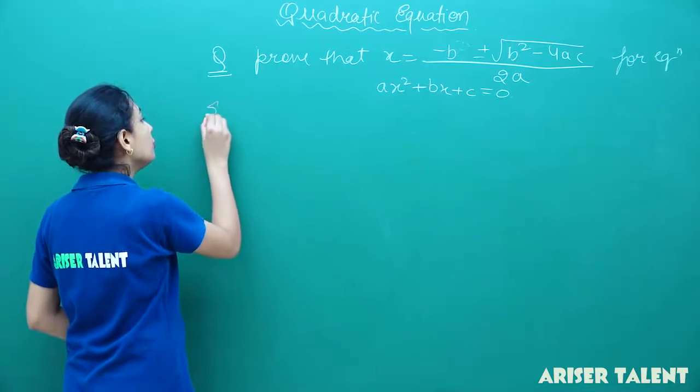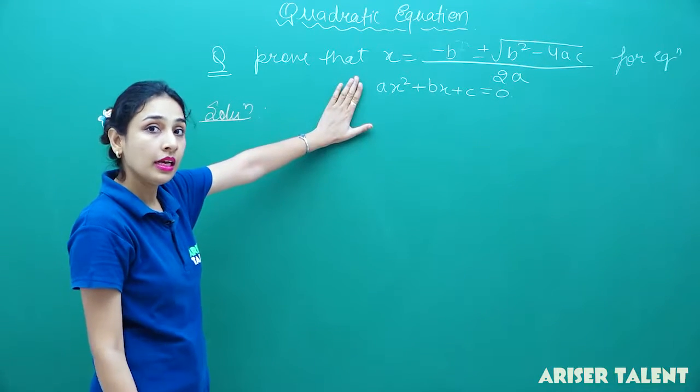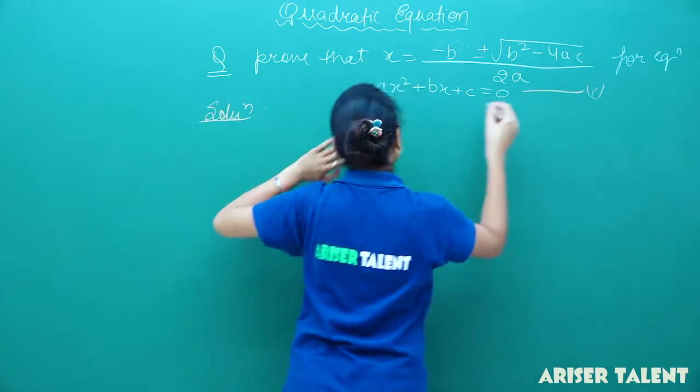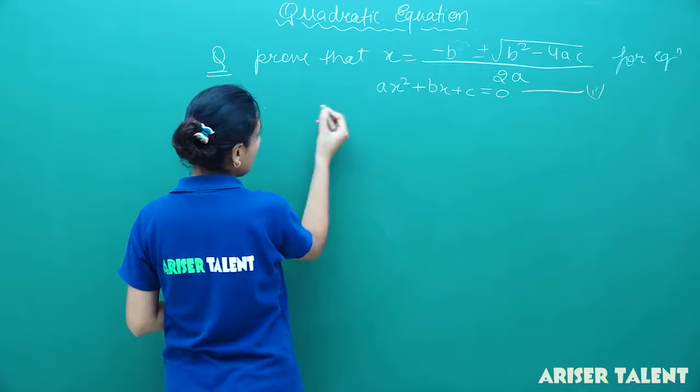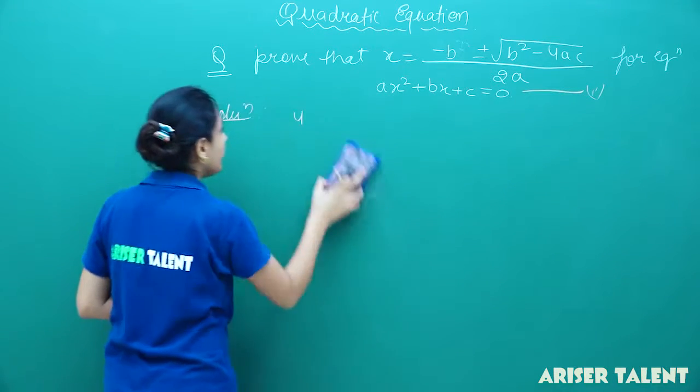So for our solution, I'll just multiply this given equation, let's call it equation 1, by 4a.